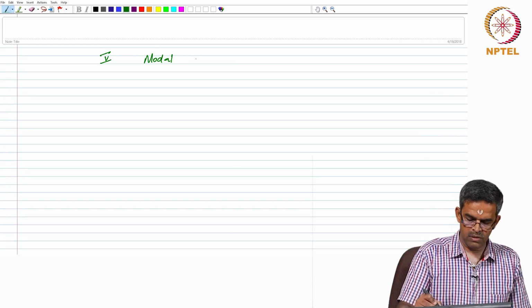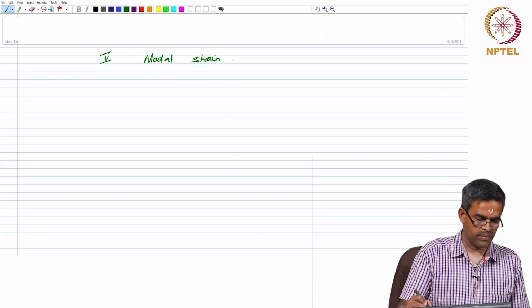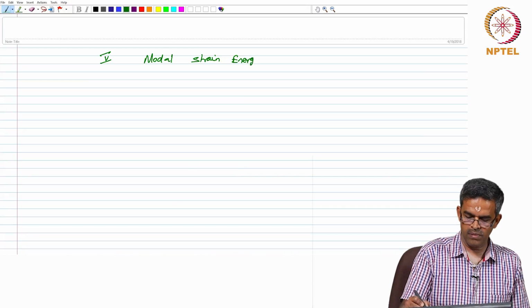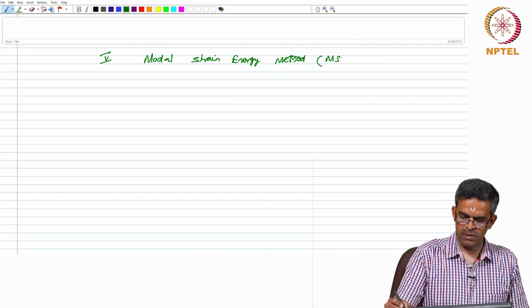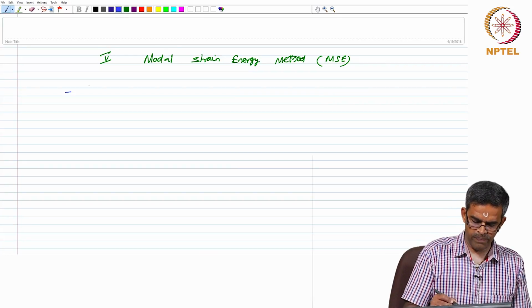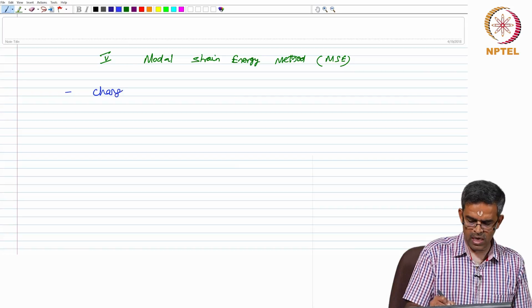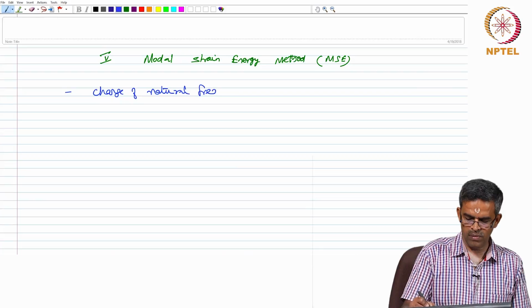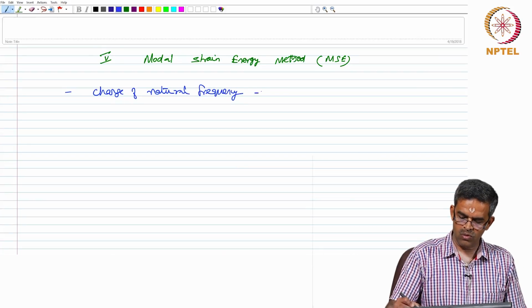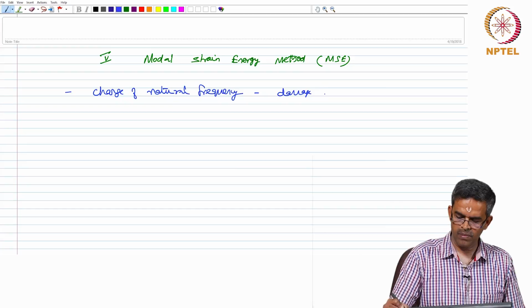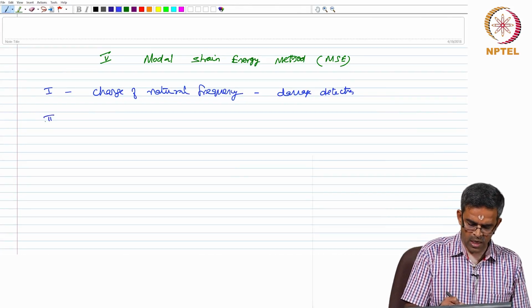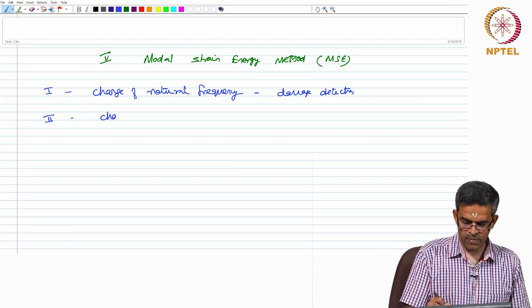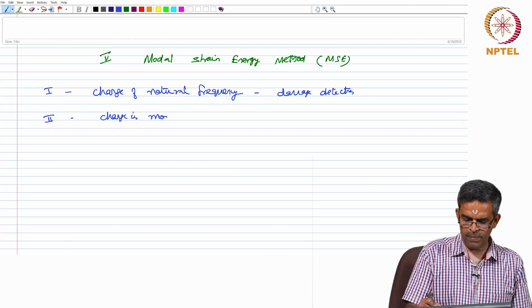Modal strain energy method, that is MSE. So far we have seen the method using change of frequency for damage detection. So, that is the first method we have seen. The second method is change in mode shape.